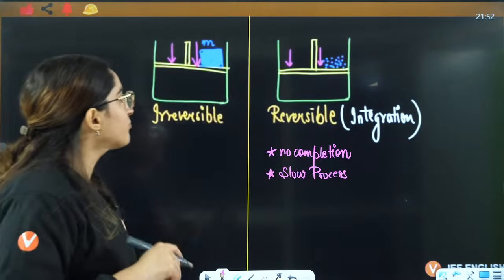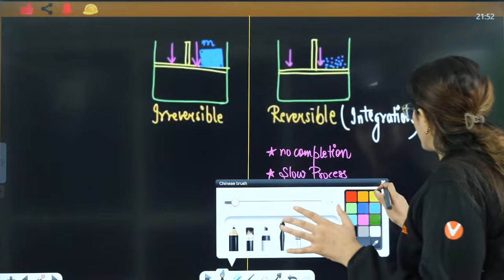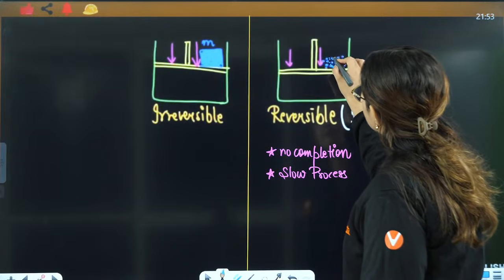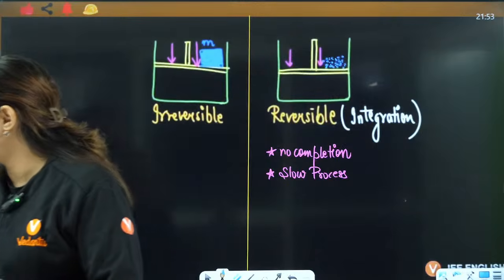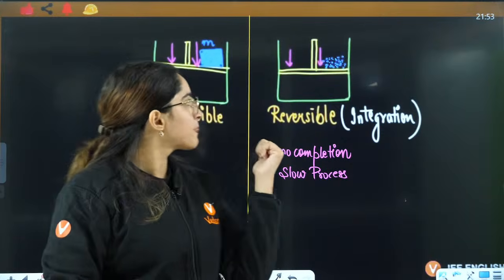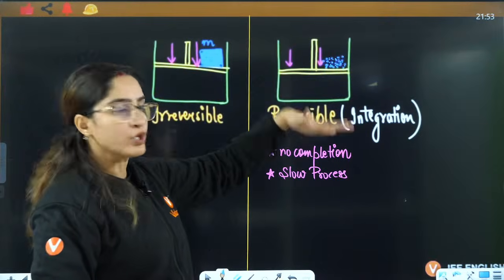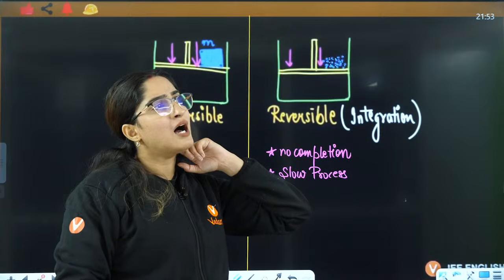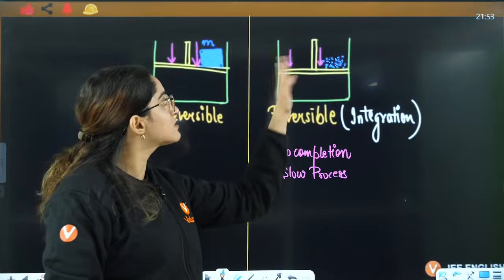Then a very important point: in this case you don't have a big block here, you have small masses. For example, you have this soil, right? How are you increasing the pressure?